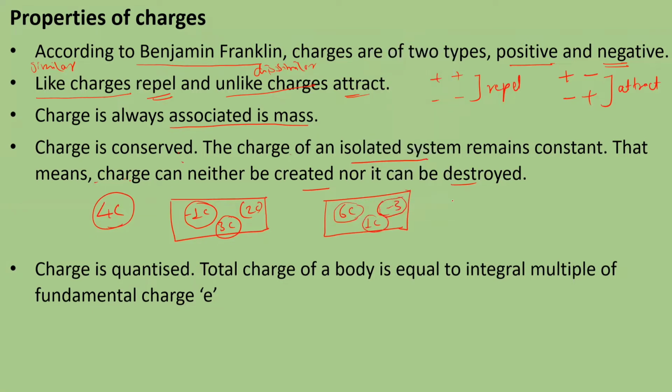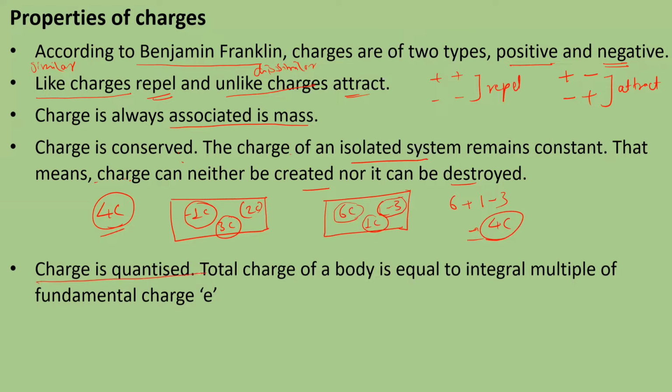So here also if you see, the total charge is 6 plus 1 minus 3, that is 4 coulomb. An isolated system will have constant charge. You cannot create, neither can you destroy. Clear?